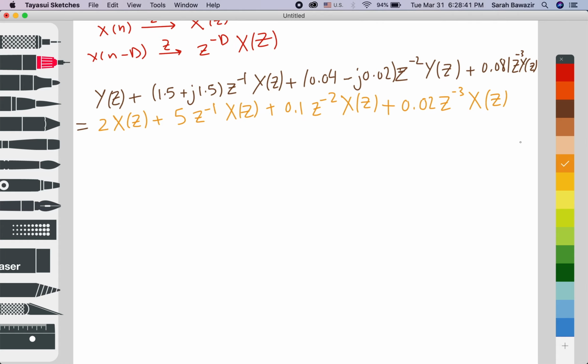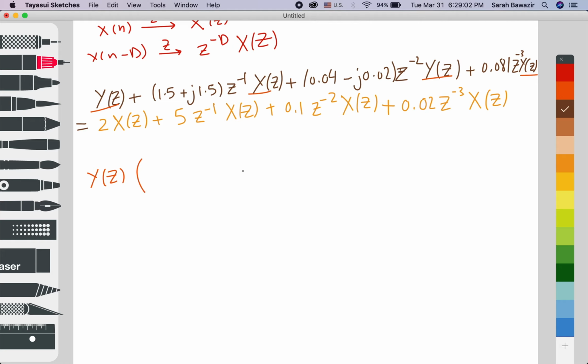What do you notice here? Each term of the left-hand side has Y of z. What can we do in this case? We take Y of z as a common factor.